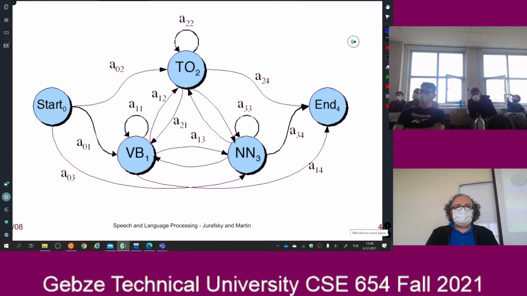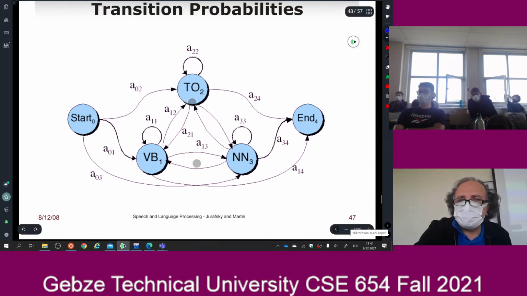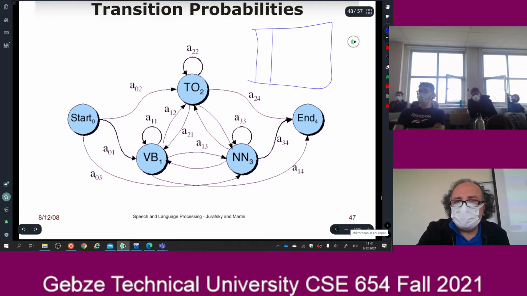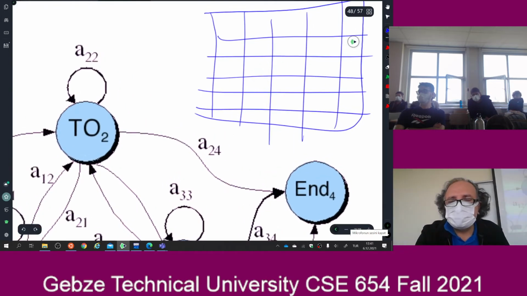So these are the transition probabilities. We measure them with a matrix like this. This is A00, this is A10, this is A20. So how many lines do I have? What is the number of lines?